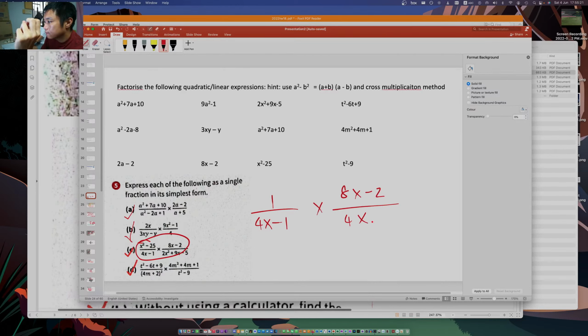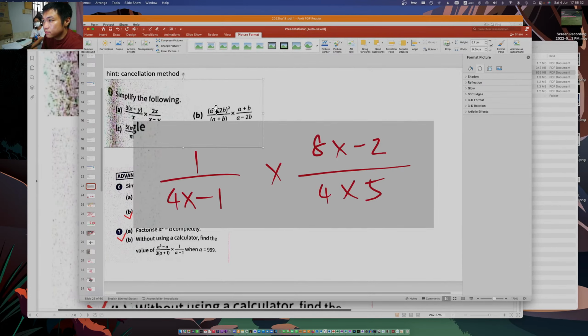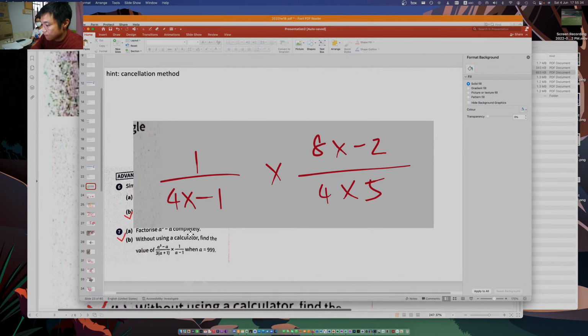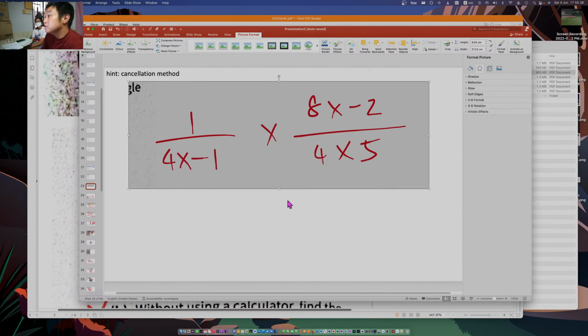Let's say you are given this. If you don't know how to do factorization, you might not be able to simplify this. I mean, this is a simple one only, but you might not know how to do this question.